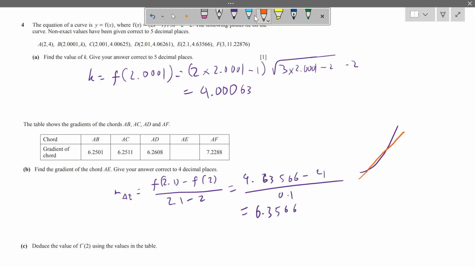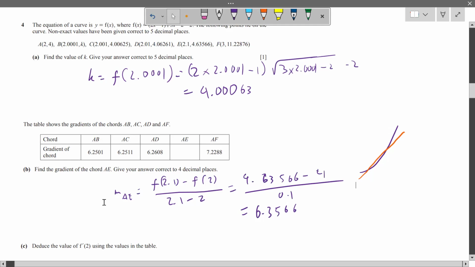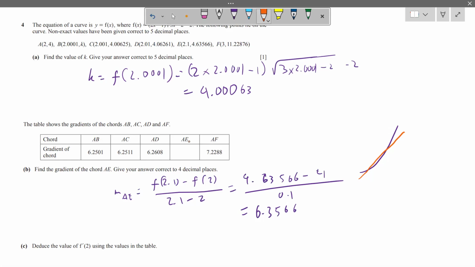Right. So to find f prime 2 using the table, notice that from point F to point A, you're approaching the point A from the right. And notice that you go from 2.1, 2.01, 2.001, and so on and so forth.